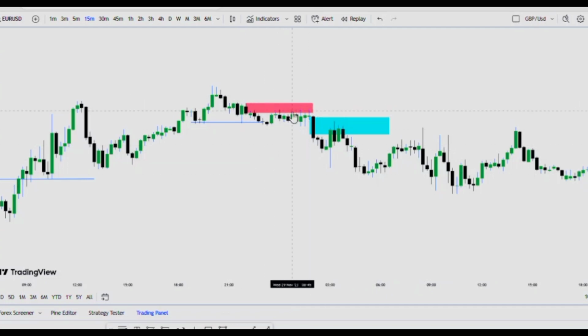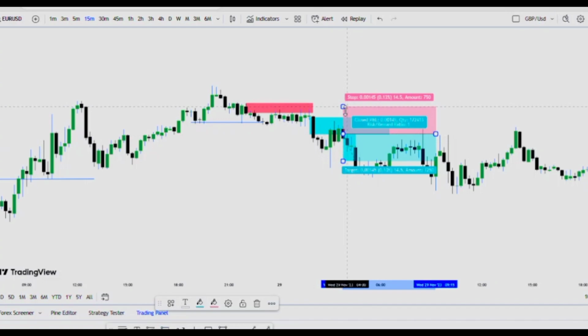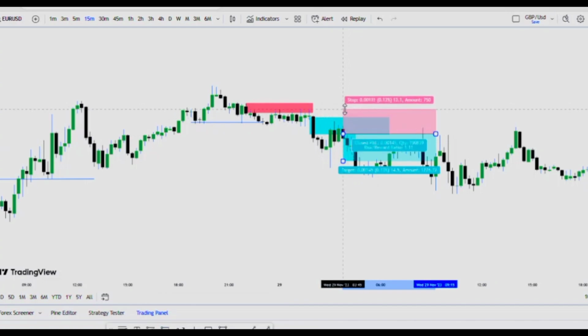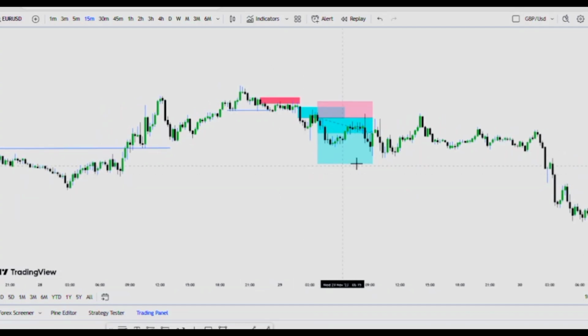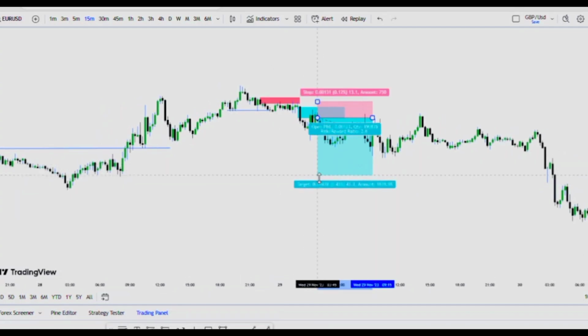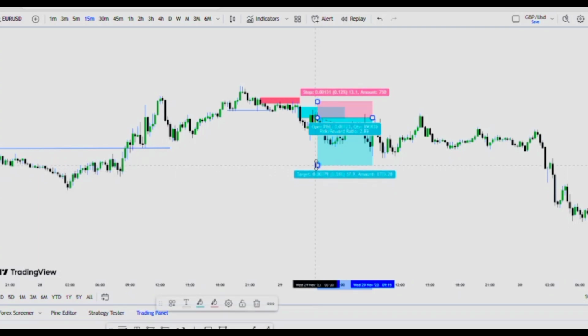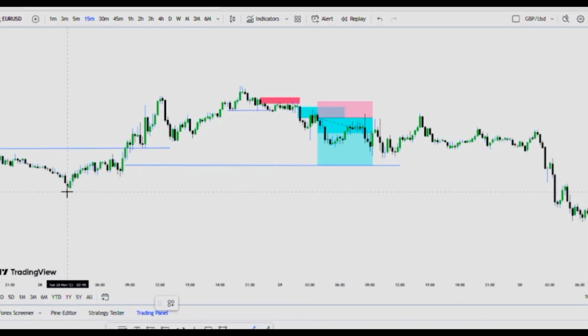So had it been you missed this one right here, this imbalance that occurred here, you just come and take 1 to 3 with a 13 pip stop. 1 to 3 gets hit right here for TP1, and our TP2 is right below the swing low.